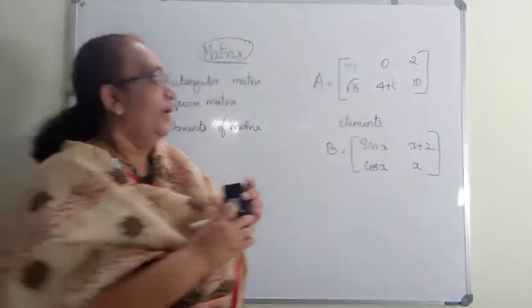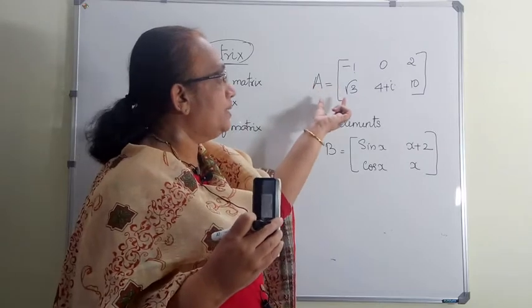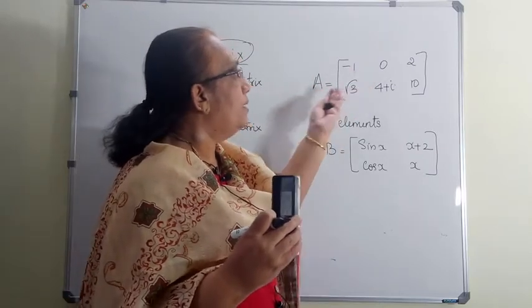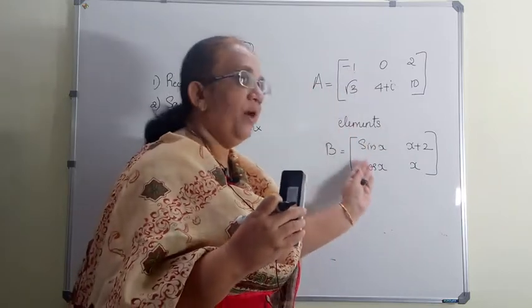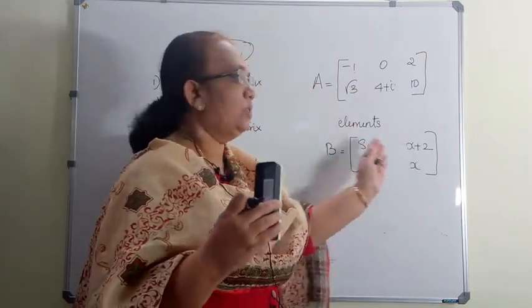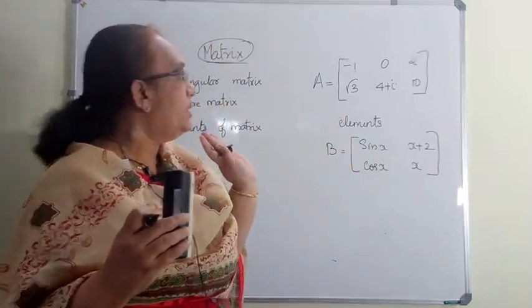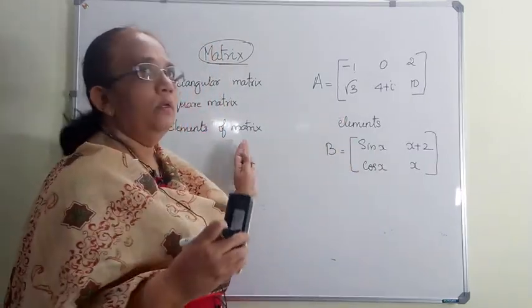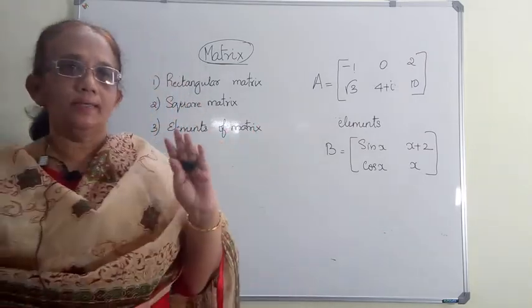So the elements in a matrix can be from the number system: integers, irrational numbers, complex numbers, functions, and so on. So far we have discussed three concepts.